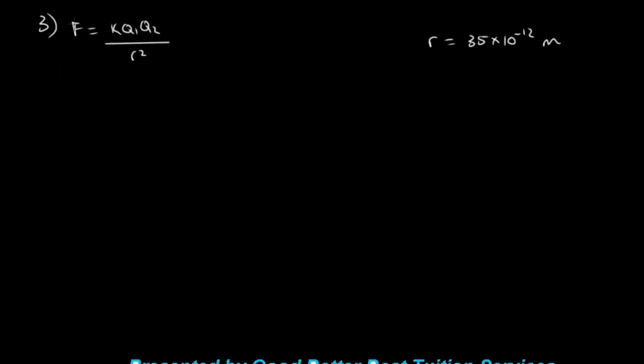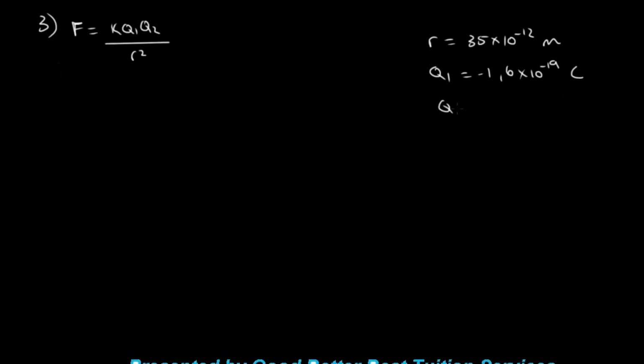Okay? So I'm not going to do the sub-in process for this one because I'm sure by now you know how to sub in. But I'll just write the information here that Q1 was the electron, which is negative 1.6 times 10 to the negative 19. We would omit the negative in the equation.